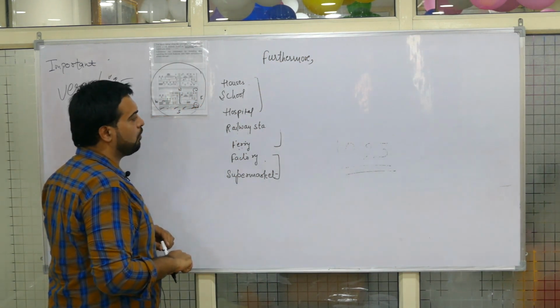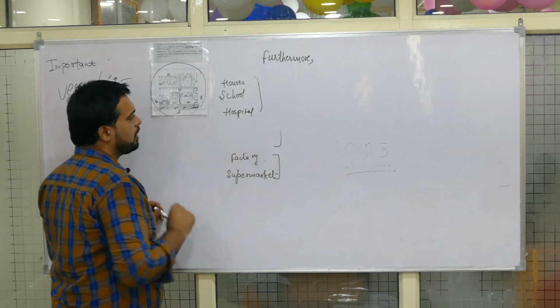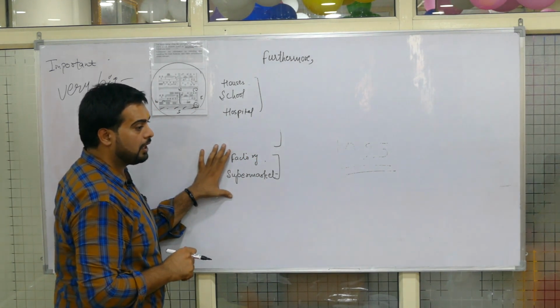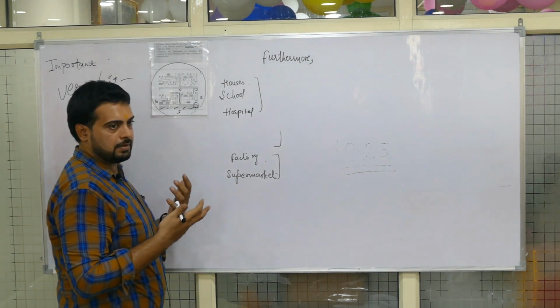Now we have already discussed the railway stations and ferry, all gone. So now we talk about this one. What sector is it called? Business. Because factory and supermarket come under business.